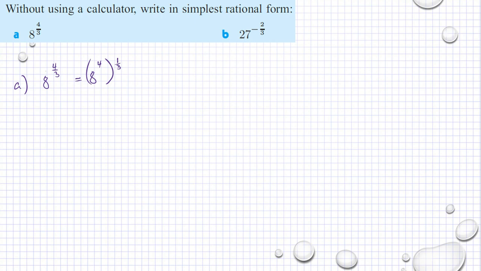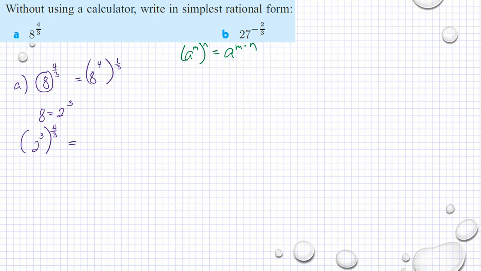But you see here, 8 is also 2 raised to 3. So I can use this instead of multiplying 64 times 64. So we have 2 raised to 3, raised to 4/3. And we know that we can multiply the exponents. One law says that if we have a raised to m, raised to n, is equal to a raised to m times n.